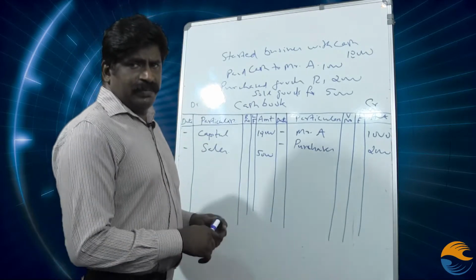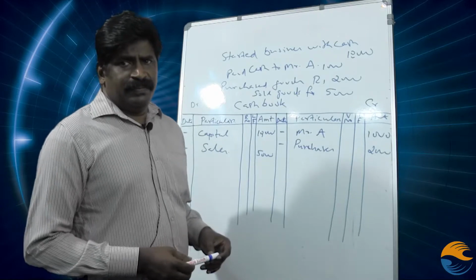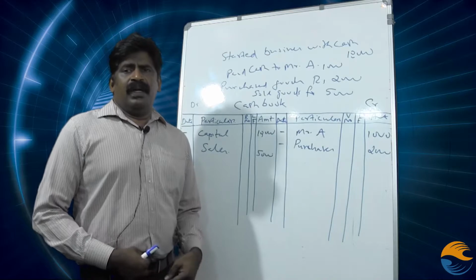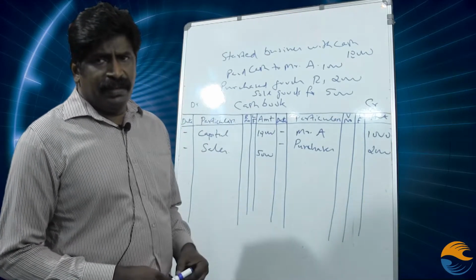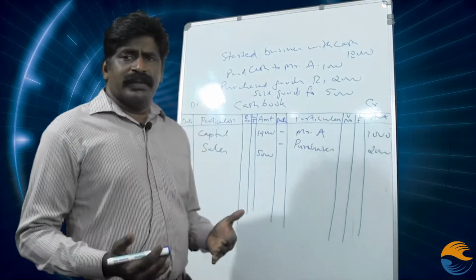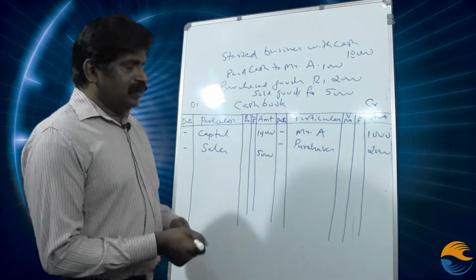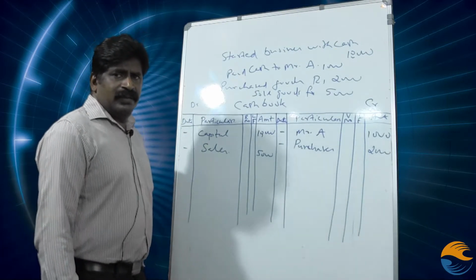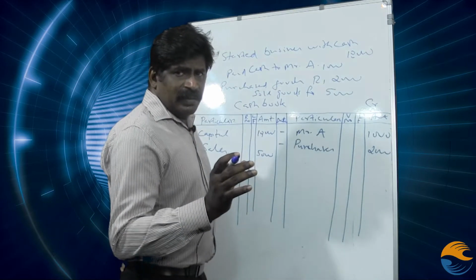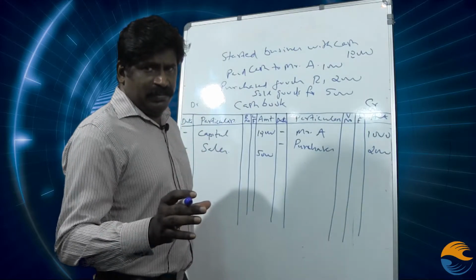It is a process of taking the totals of debit and credit sides, comparing which side is the highest, and writing the difference on the side where the amount is below the total. So we have to check the totals of both sides. The process is called balancing.